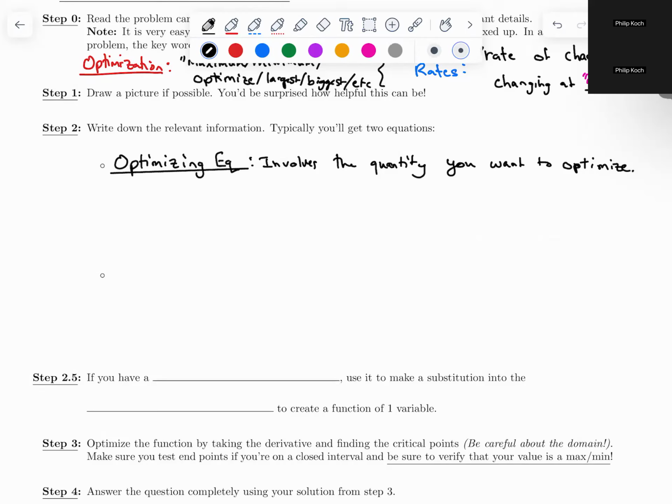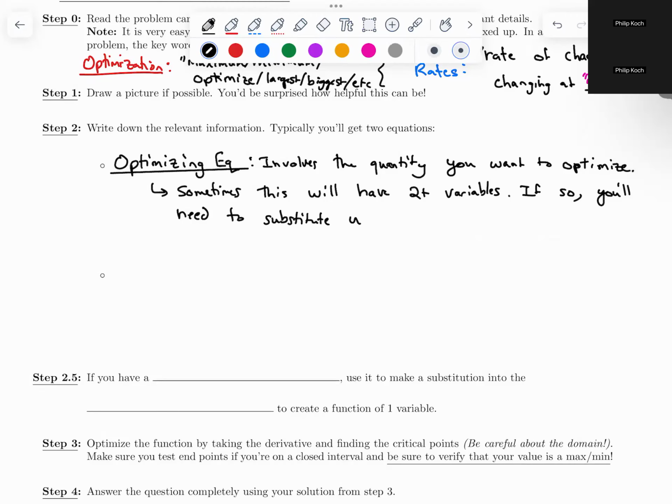It involves the quantities you want to optimize, and sometimes this will have two or more variables. If so, you'll need to substitute using the below equation.